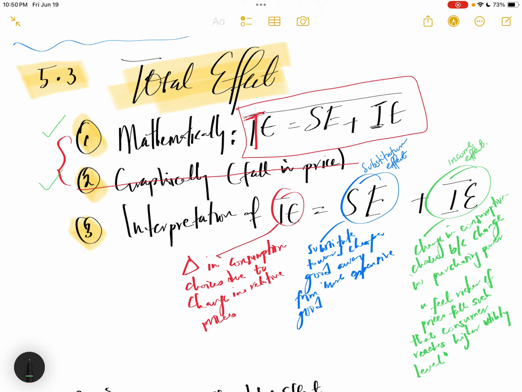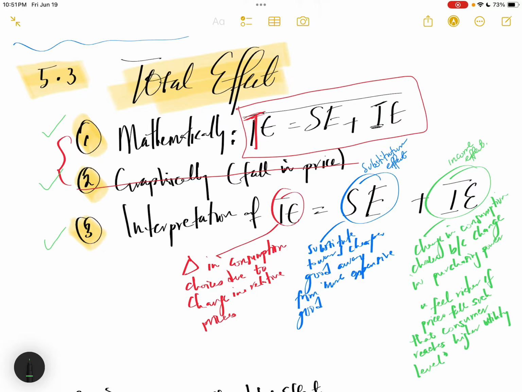We have shown graphically a fall in price of good X. And we have gone through the interpretation of total effect as the sum of substitution effect and income effect.